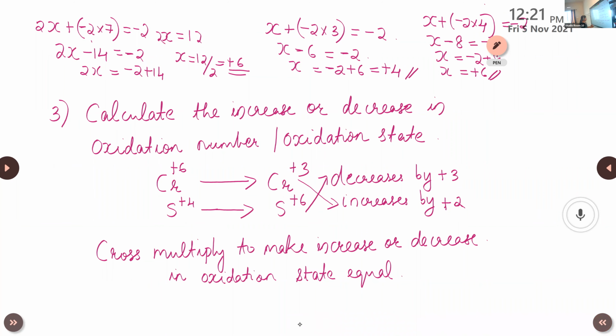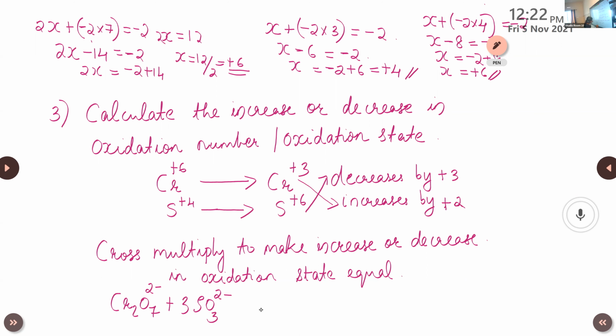Okay, then we can rewrite the equation: Cr2O7 2-, plus, in the case of sulfur it should be multiplied with 3, right? So here it is 3SO3 2-. Here we multiply this sulfite ion with 3.